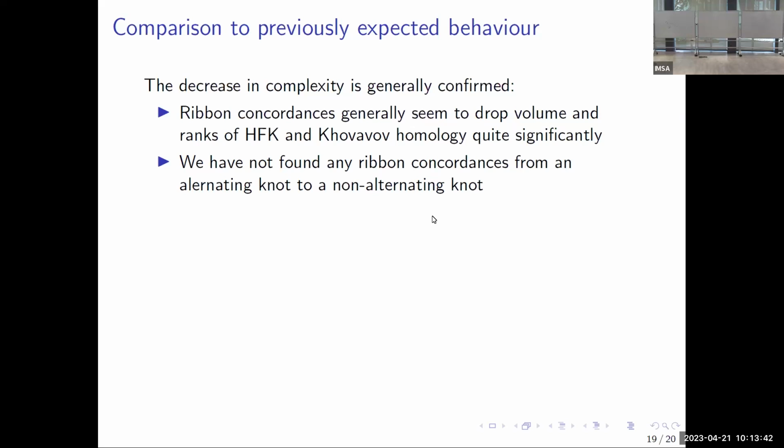One of our friends asked us if we have concordances like this, and Nathan and I were like, oh, we have 1.8 million concordances, surely we have something like this. And then we looked in our sample and didn't have any. The person who asked, Josh Greene by the way, probably had some reason to believe this would be the case. So we didn't find any ribbon concordances from an alternating knot to a non-alternating knot.